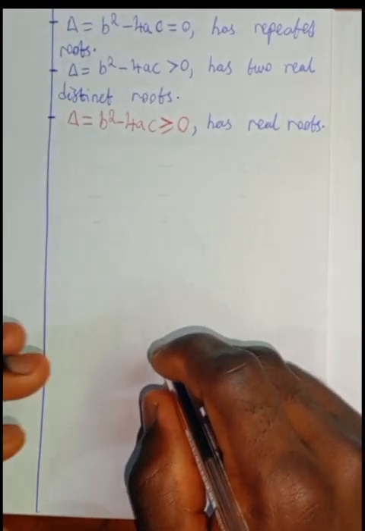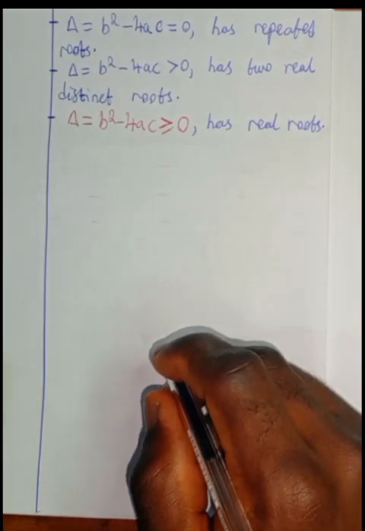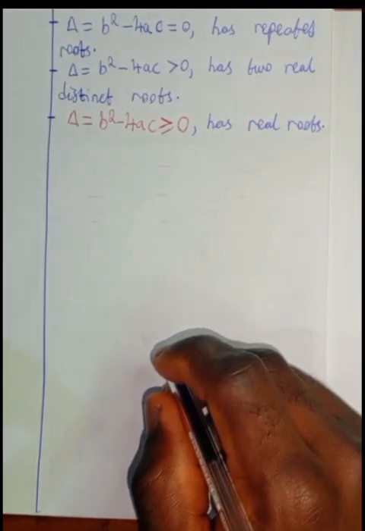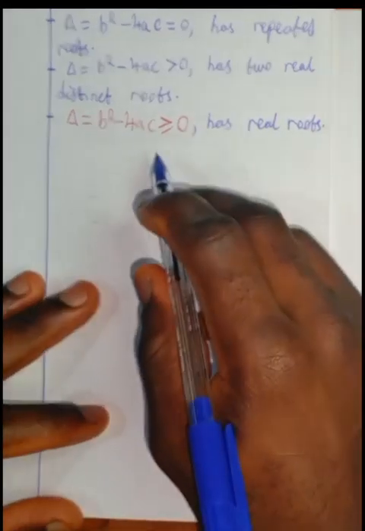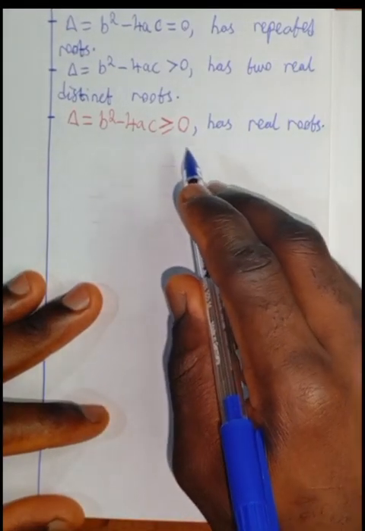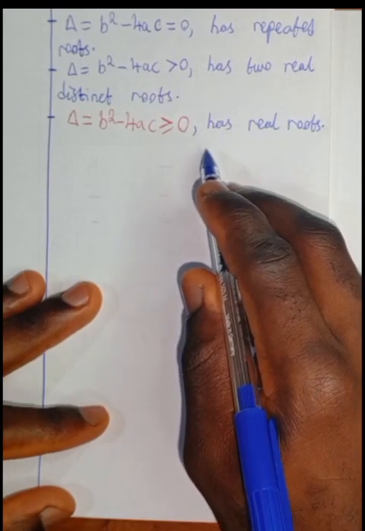Remember, when the roots are repeated, the roots we have are real numbers. When the roots are two real distinct roots, they are real numbers. So if the discriminant is greater than or equal to 0, we say the quadratic equation has real roots.